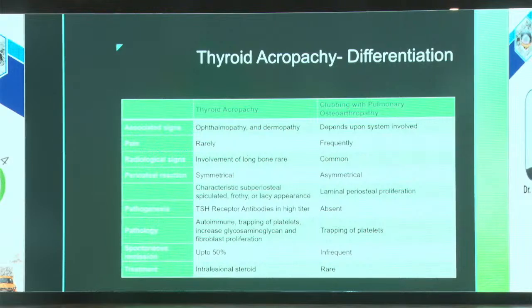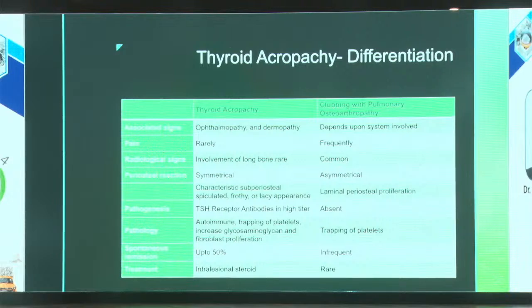Usually in most of the situations of thyroid acropathy, there is thyroid orbitopathy and dermopathy present. Pain is rather quite rare, it's not very common, whereas pain can be there in clubbing associated with pulmonary disease. In most of the thyroid acropathy, it is symmetrical, whereas it may be asymmetrical in some clubbing associated with pulmonary disease.